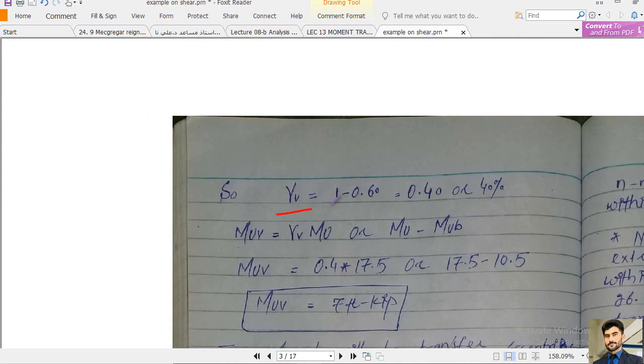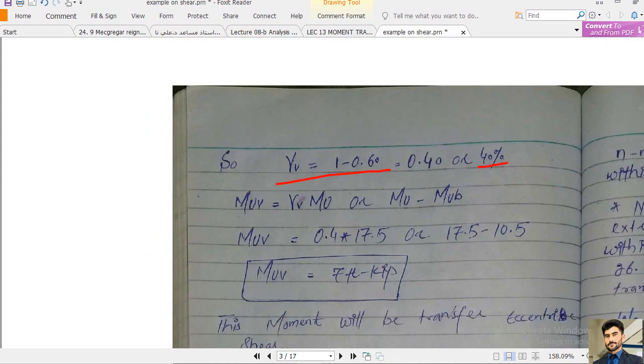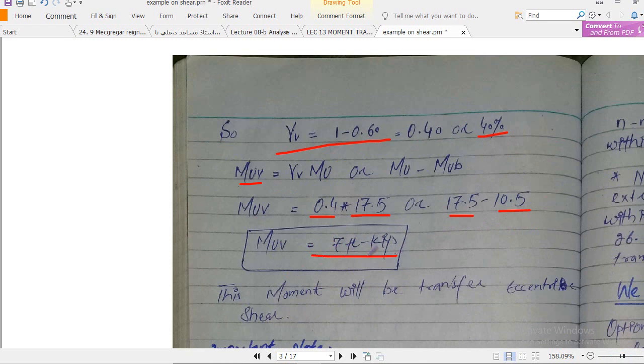You see here gamma v will be 1 minus 0.6, which is 40%. Or you can determine your Muv as gamma v times Mu, or Mu minus Mub. So 0.4 times 17.5, or 17.5 minus 10.5, that is the Mub. So you got 7 feet kip moment.